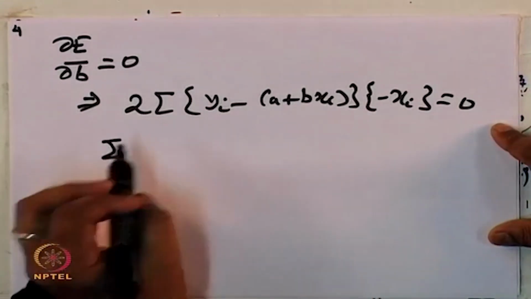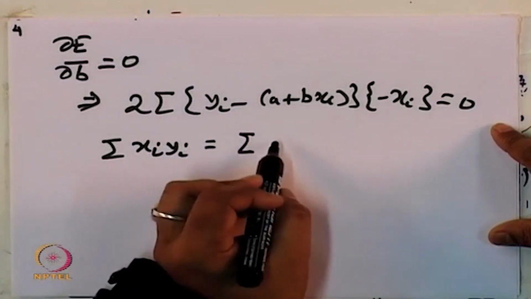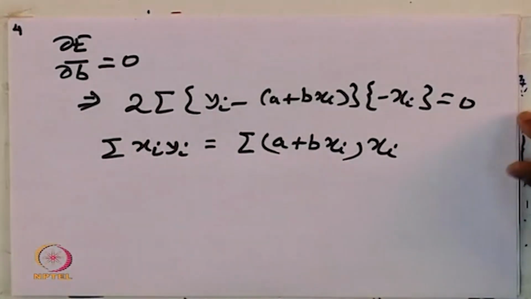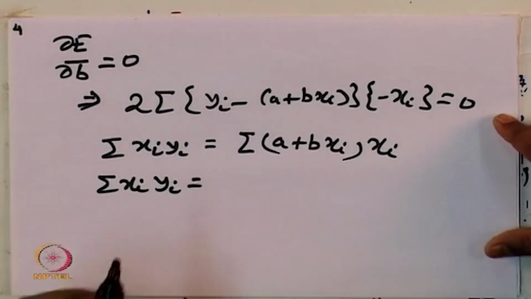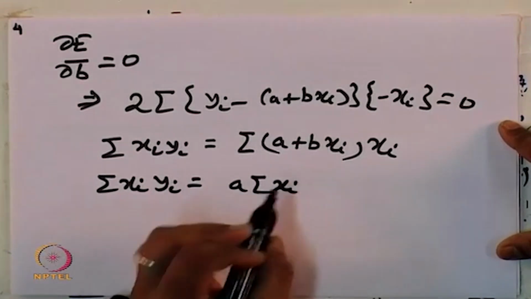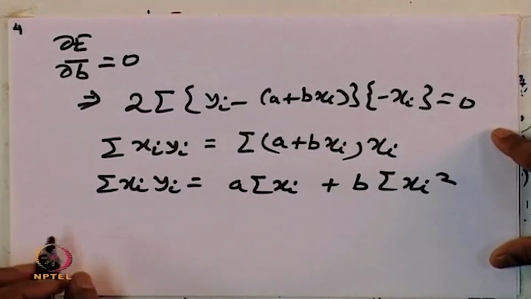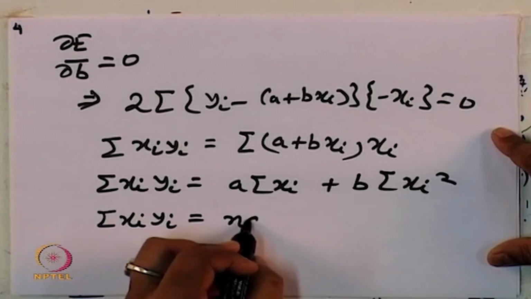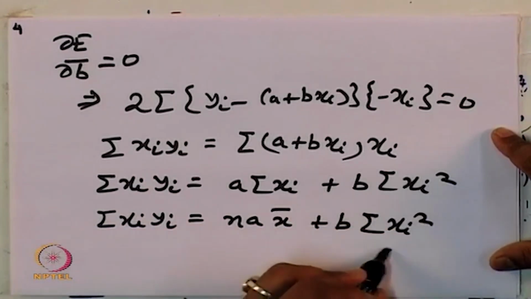So, I can write it as summation xi yi is equal to summation of a plus b xi into xi. Okay. So, I can simplify it further, is equal to a summation of xi plus b summation of xi square. Okay. So, I can further simplify it, summation xi yi is equal to n a x bar plus b summation xi square.